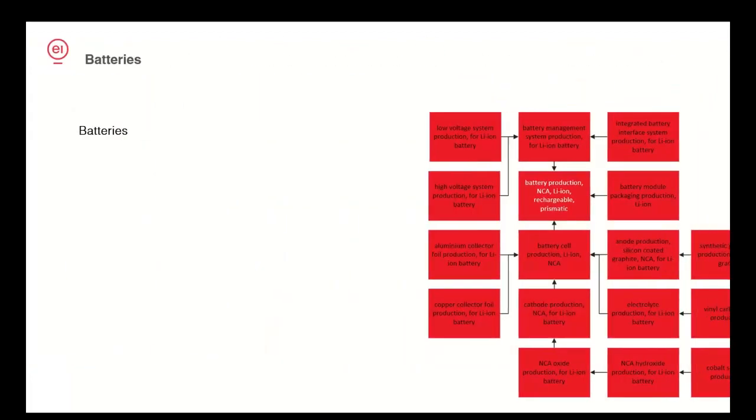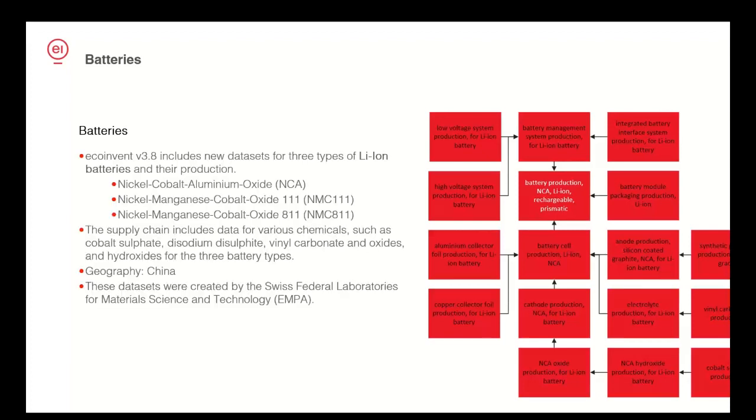Related to that, we have updated and added new battery types to the database. With ecoinvent version 3.8, we have included new datasets for 3 types of lithium-ion batteries and their production.